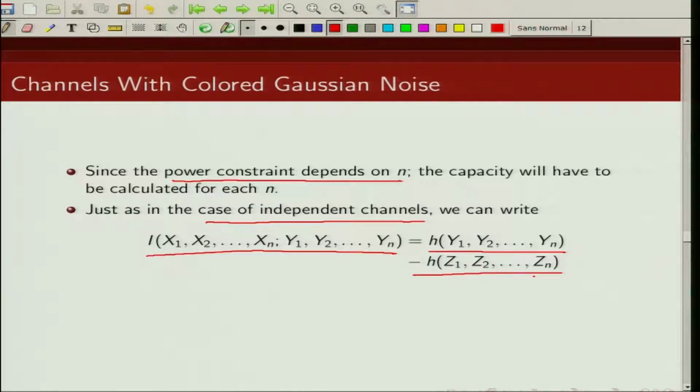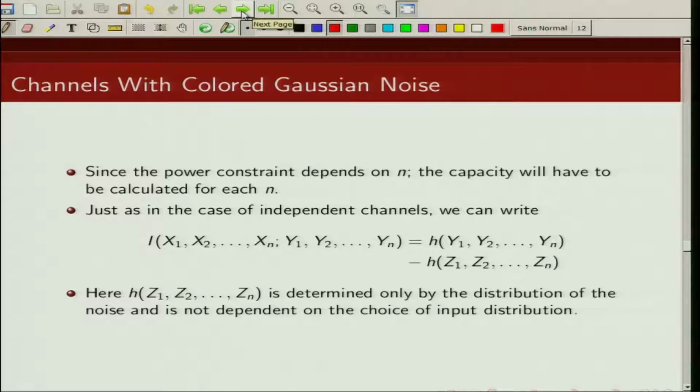Since earlier the noise was independent, we could just write this as summation of differential entropy of zi, which we cannot do because now we have colored noise. Now this differential entropy of z1, z2, z3, zn is determined by the distribution of noise, and it does not depend on input distribution. So to maximize this capacity, we need to concentrate on this term, joint entropy of y1, y2, y3, yn.